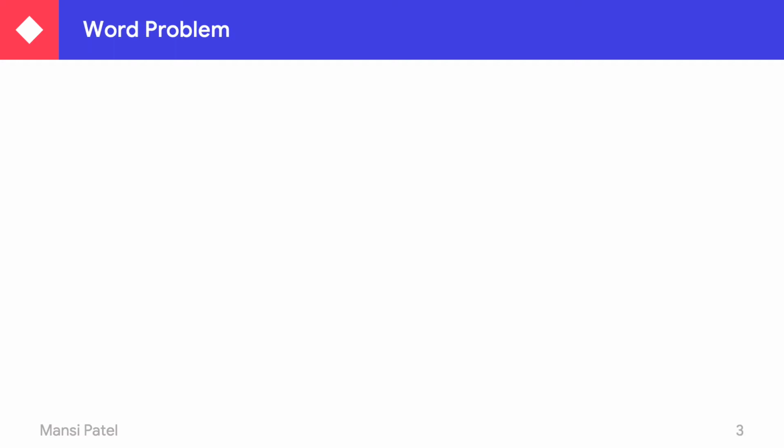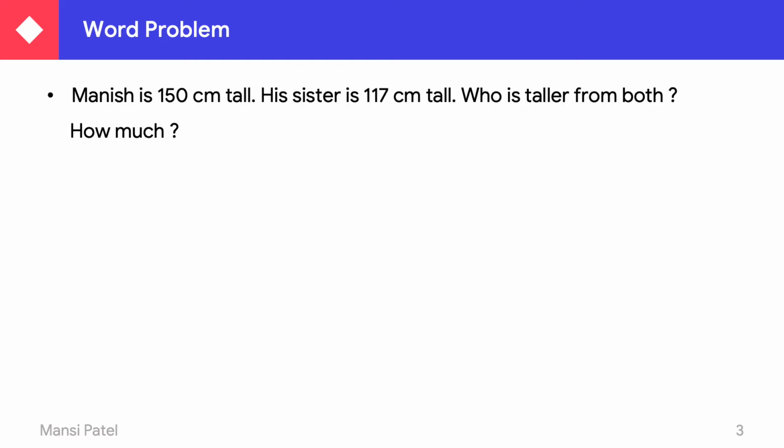Let us see some word problems. Manish is 150 centimeter tall. His sister is 117 centimeter tall. Who is taller of the two? Now you see, here they were given the height of Manish and his sister, and after that they were asking who is taller.